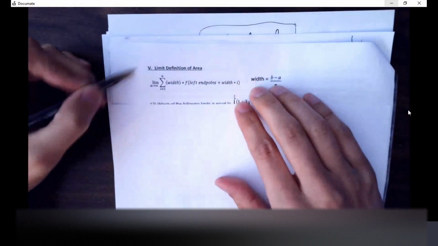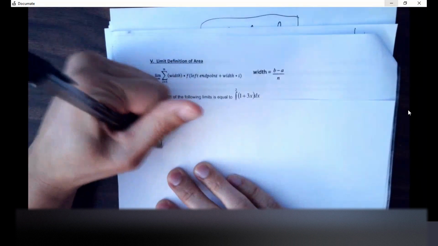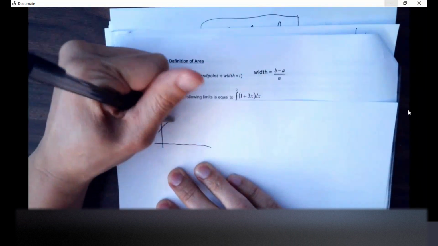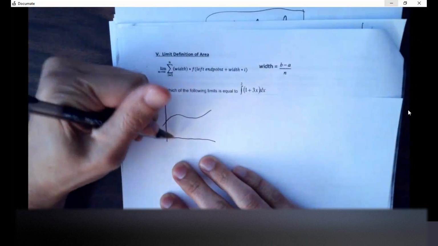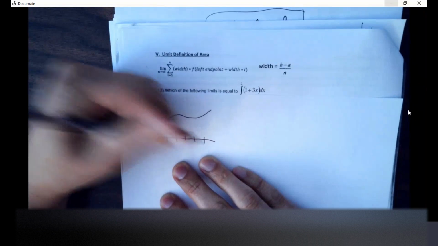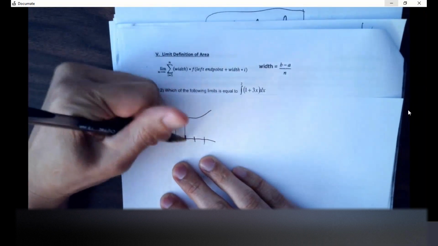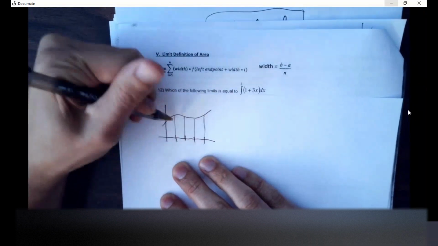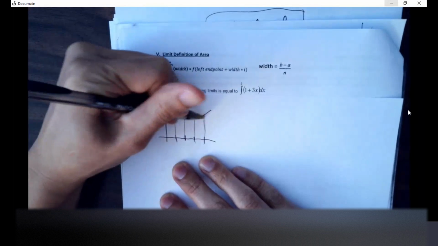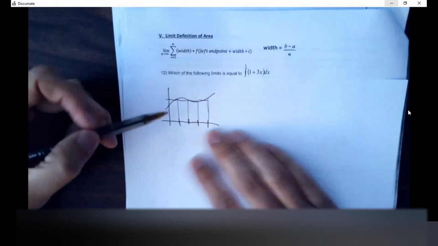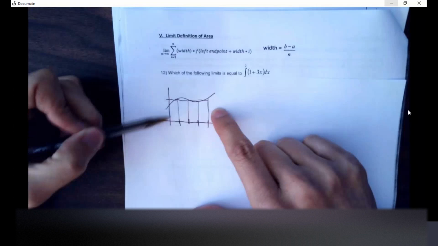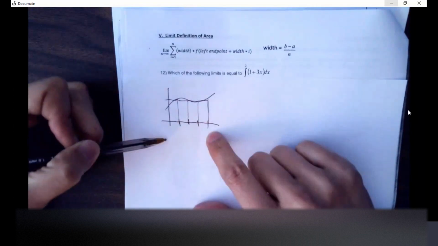This is based off of Riemann sums. Riemann sums, we know, is just an approximation. If we have a curve and let's say 4 subintervals, we can create these rectangles based off of those subintervals. But at best it's just a decent approximation, right?